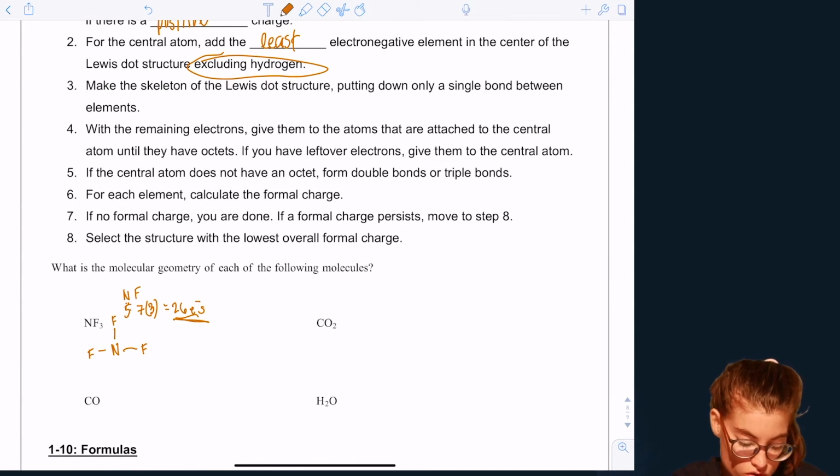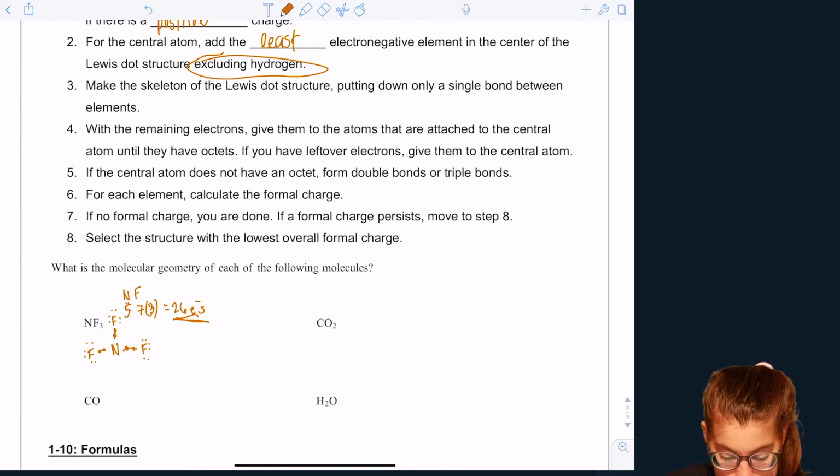So we've got 6 electrons so far, and then we keep adding up to 24. All right, we've got 24 electrons on there so far.